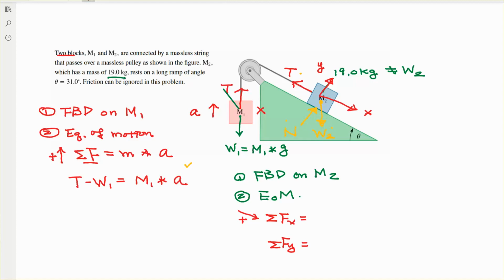So going along the slope downwards is positive. What about the y? If you go in this direction, you are going to get the positive direction. So I make this one positive, this one positive.